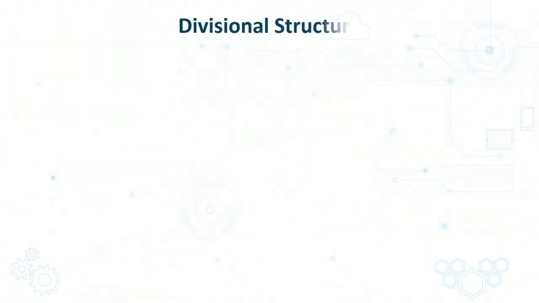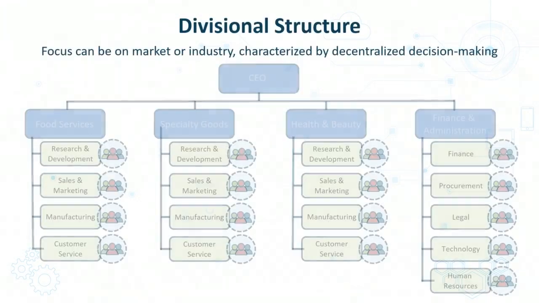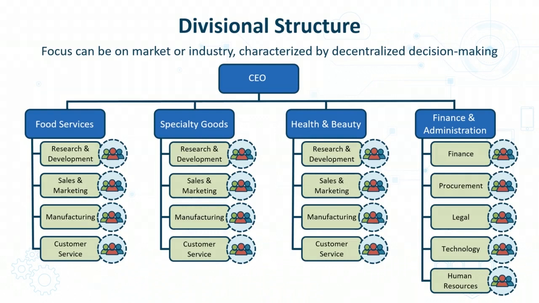A divisional structure shown in this organizational chart is typically used in larger businesses that operate in a wide geographic area or that have small, separate organizations within the umbrella group to cover different types of products or market areas. The benefit of this structure is that the needs can be met more rapidly and more specifically.